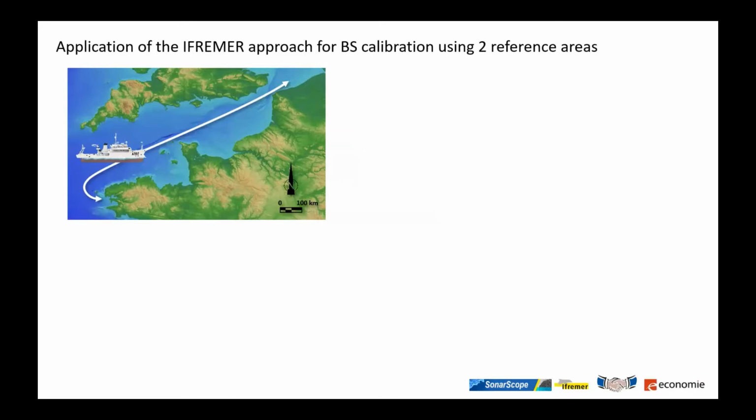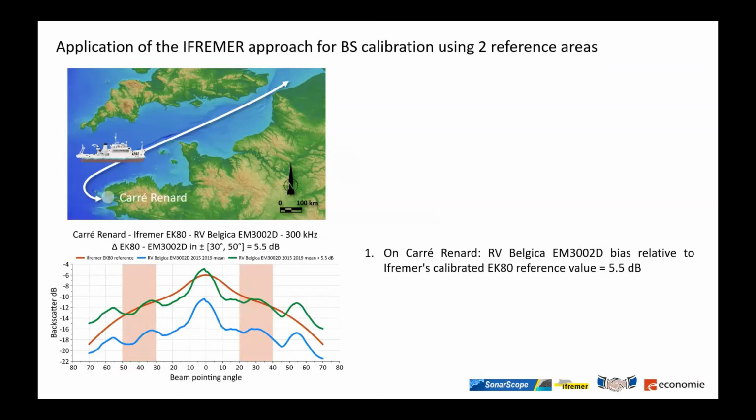The Belgica visited 2 times the Carré Renard in the Brest Bay in 2015 and 19. And we collected very good data on Carré Renard. And the graph shows you in blue the angular response of the EM3002, not calibrated.